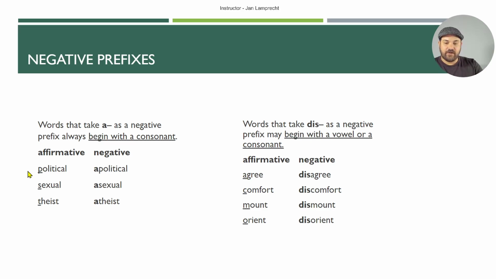Theist, we would say atheist. So that's one little rule that can help you to remember if you need the negative form of a word for that gap. Words that take dis as a negative prefix may begin with a vowel or a consonant. So agree, disagree. Comfort, discomfort.